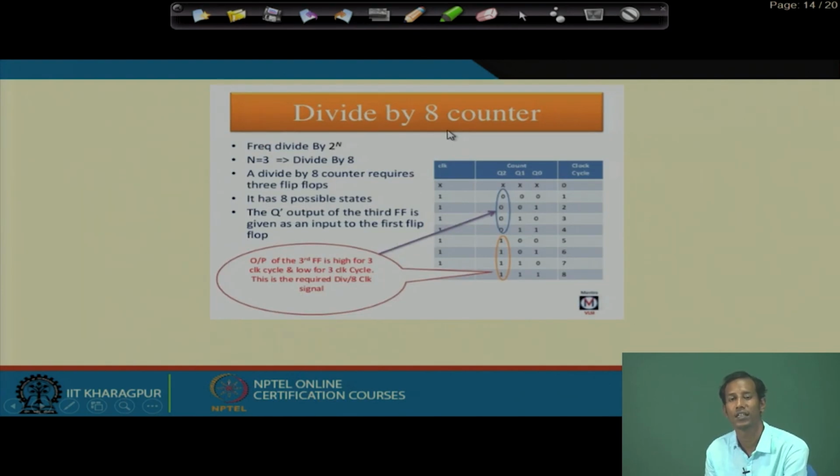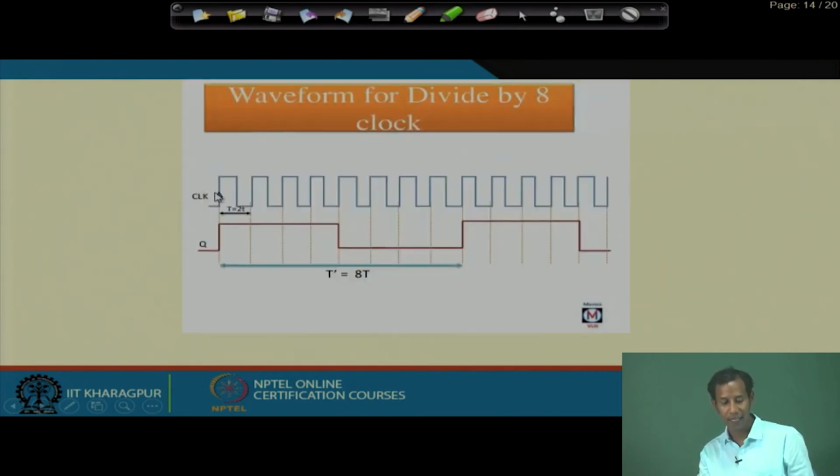Then again, divide by 8. So, how can you design divide by 8? Divide by 8 means you will be having 4 clock pulses high, and then again 4 for the low, that means for 0.